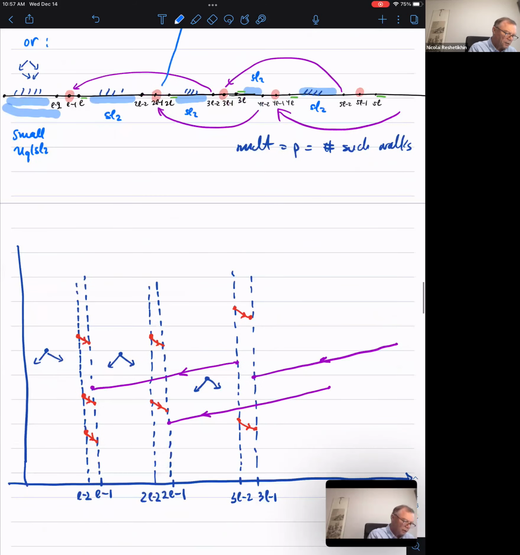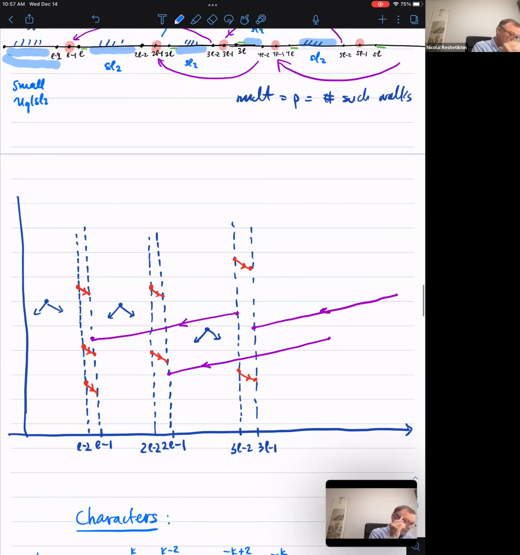So in terms of lattice path, you get something like this. So you move only in one direction at certain areas. So here it's SL2 branching rules. And then this lattice path is allowed to jump back by 2L from these representations, from these places.